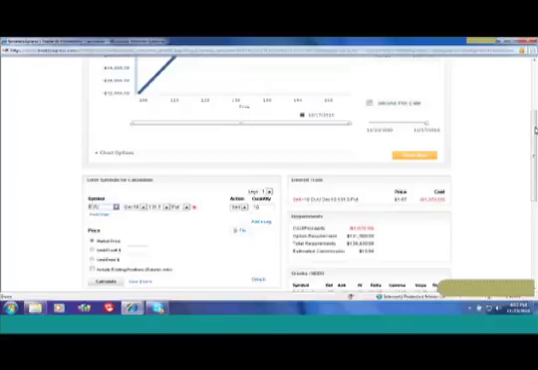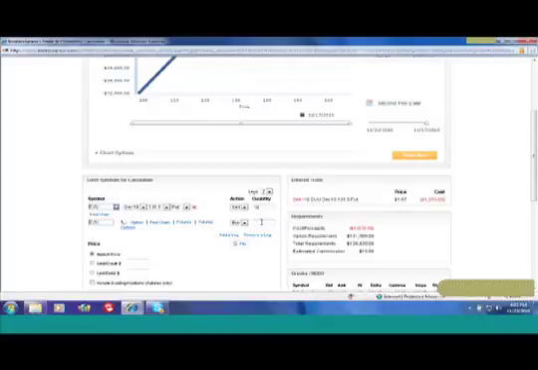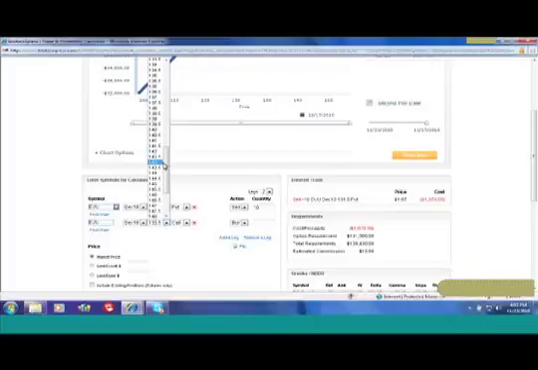Well, that's an area where you can set up something known as a credit spread. So let's say, for example, that we sold the 131.5 put. One thing that we could do as a way of hedging it, let's just take the 129.5 put, and we'll create a credit spread on this.